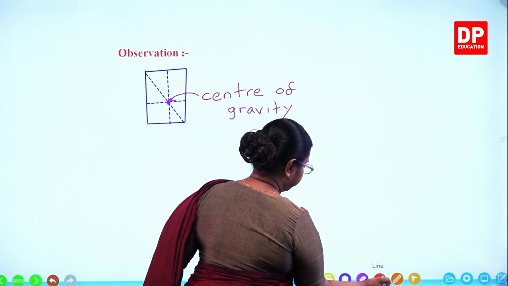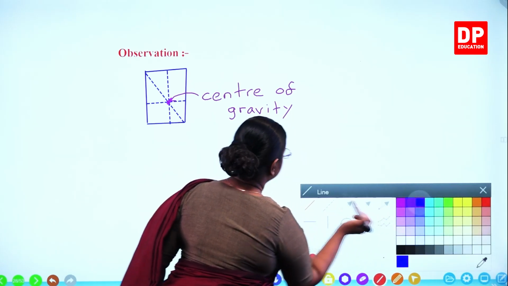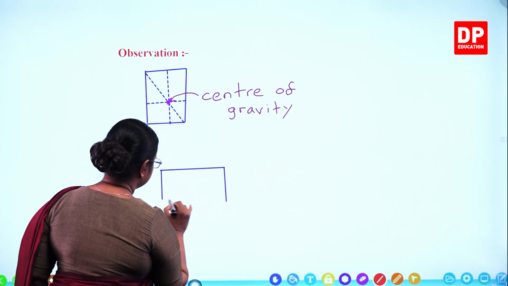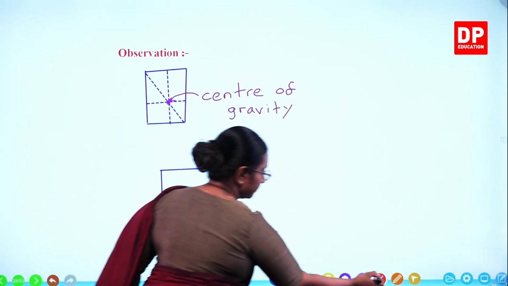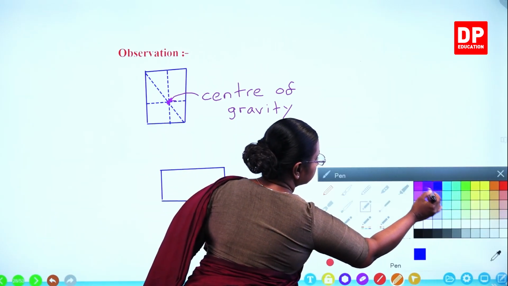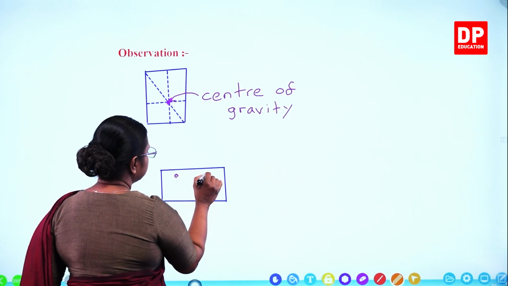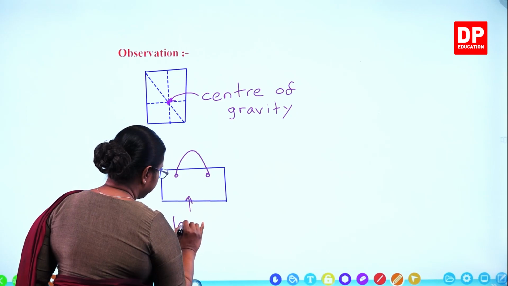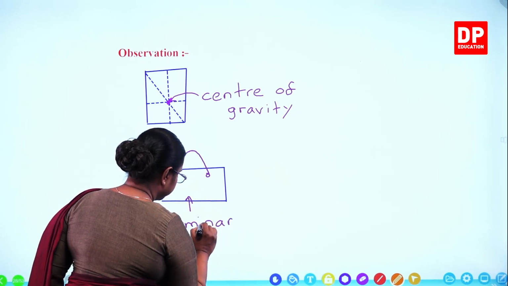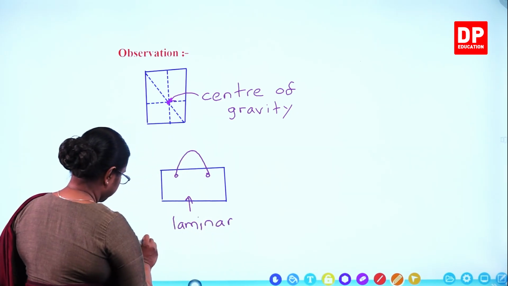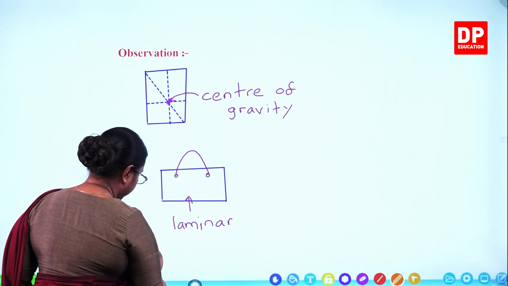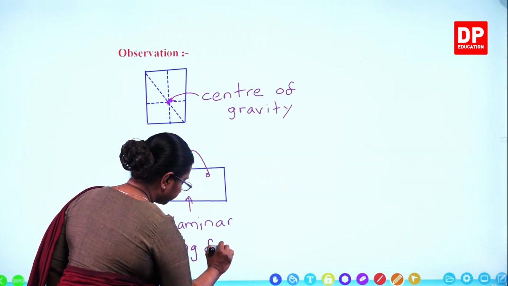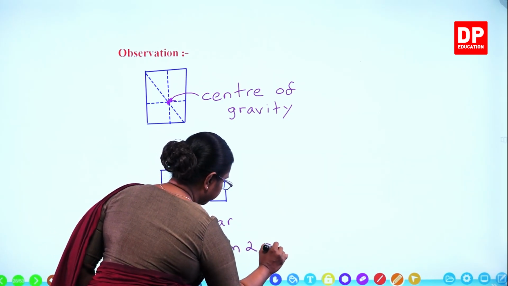So there were two holes and we had the lamina hanging from two points.